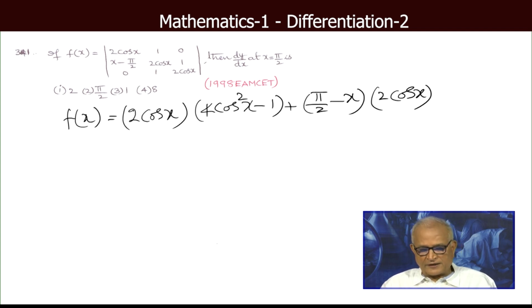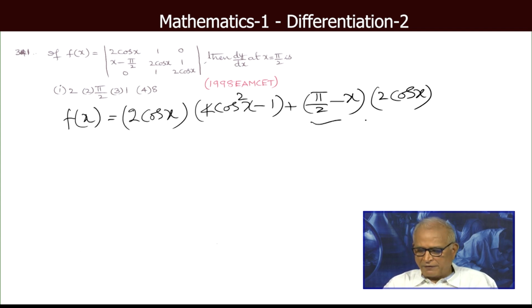So, this is f(x). He is asking the value of the derivative of this function f(x) at x equal to pi by 2. When x equal to pi by 2, pi by 2 minus x is 0 and also 2 cos x is 0.